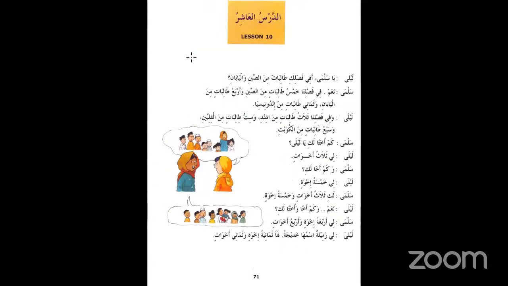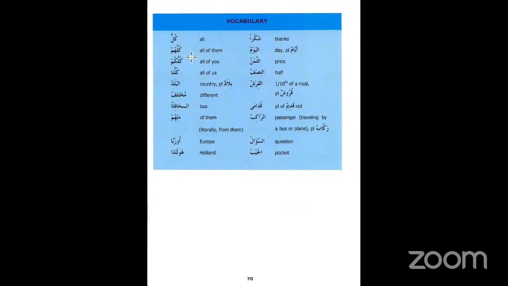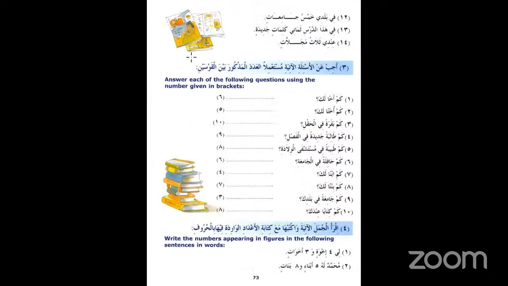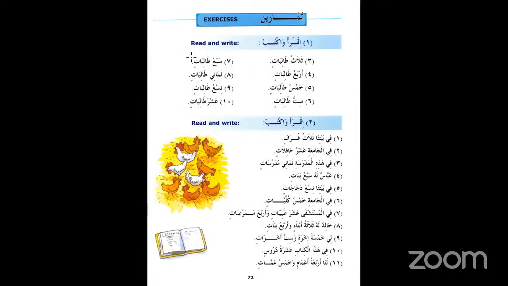Last week we did the masculine numbers. Now this week we will do the feminine numbers. On this page: ثلاث طالبات، أربع طالبات، خمس طالبات، ست طالبات، سبع طالبات، ثماني طالبات، تسع طالبات، عشر طالبات.